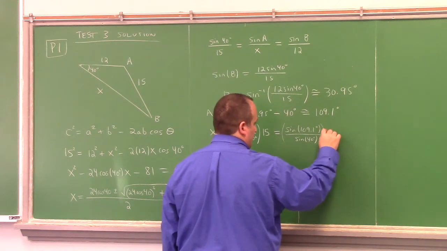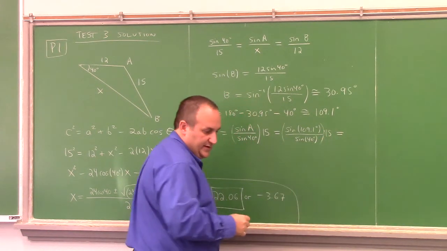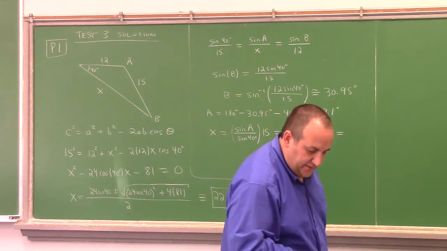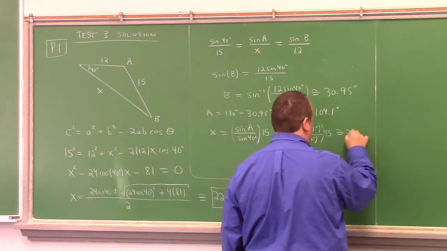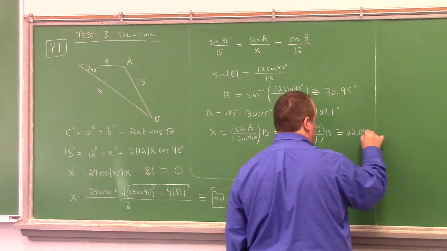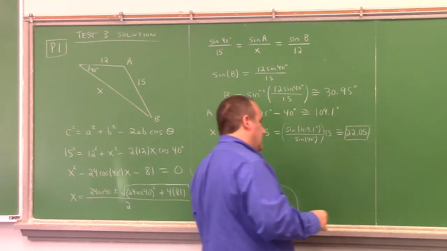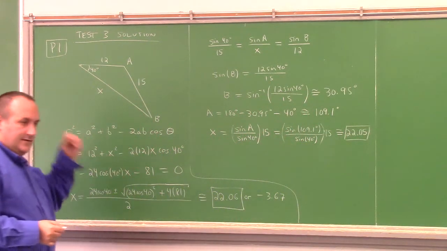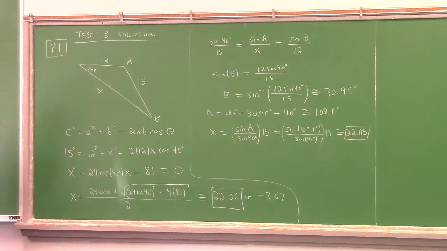And that worked out to about 22.05. So as you can see, there's some numerical rounding.